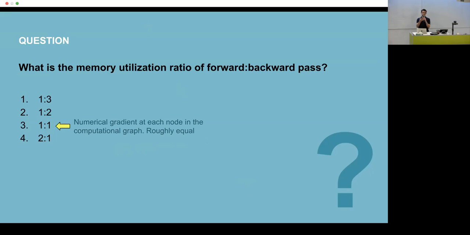So the ratio of the forward propagation is the same as the backward one, but the values are gradients instead of activations. During training, during the backward pass, we actually have double the memory utilization, just because we need to store the forward pass and use it in the computation of the backward pass. But in isolation, each one is taking roughly the same memory, if I'm not mistaken anyway.